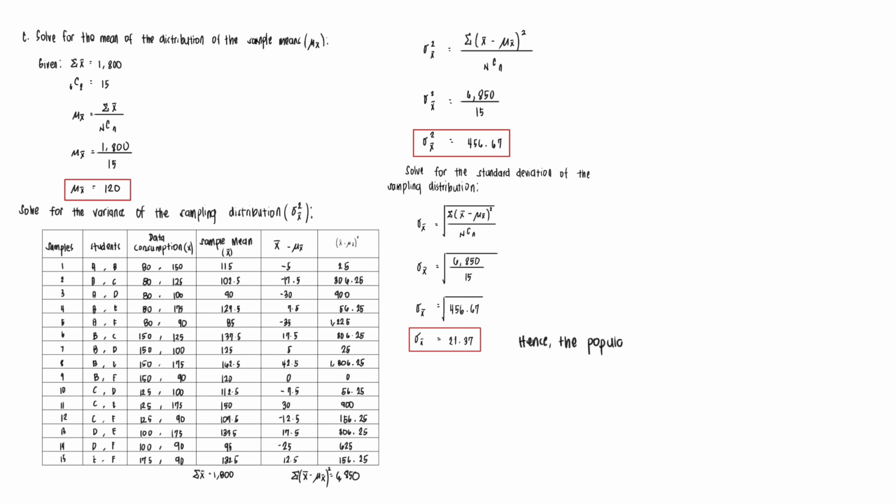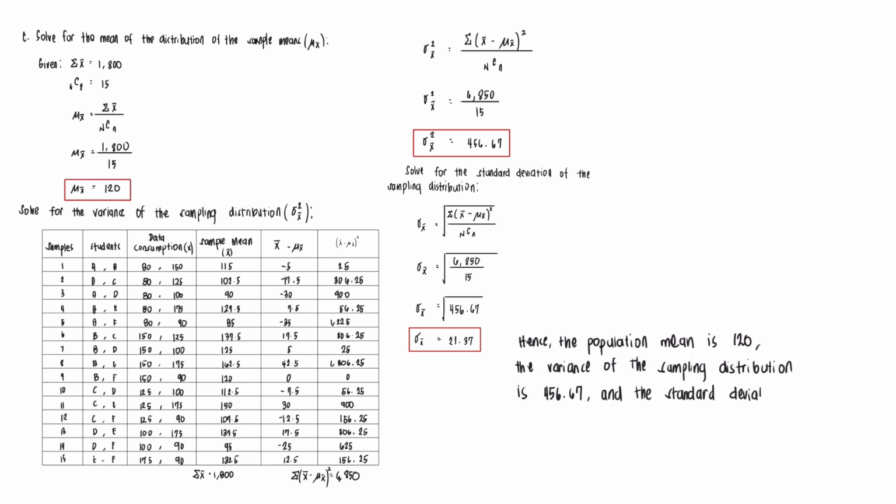Therefore, the answer for letter C is: the population mean is 120, the variance of the sampling distribution is 456.67, and the standard deviation of the sampling distribution is 21.37.